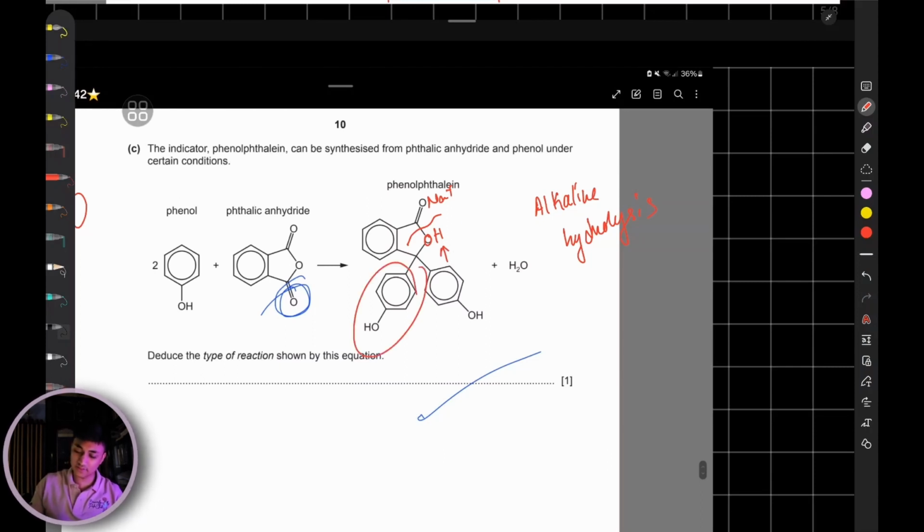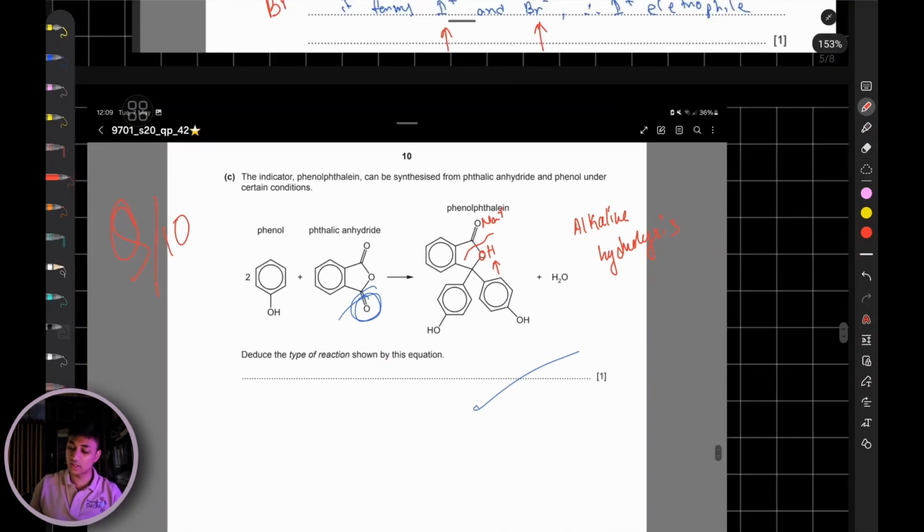However, in case of phenols, notice this H and this H will be substituted by Na. Why? Because phenols react with NaOH to form phenoxide ions, phenoxide salt. So that is what's going to happen.